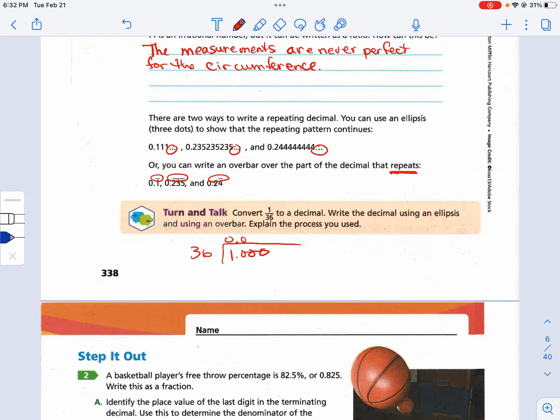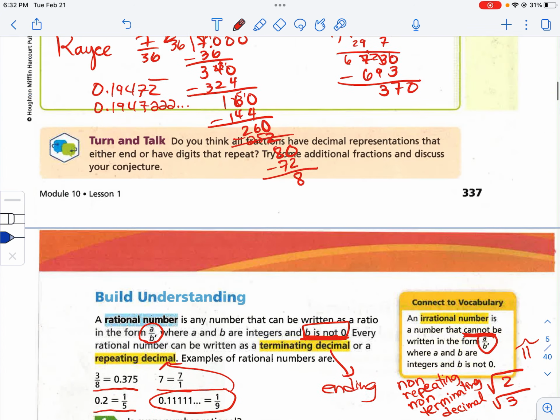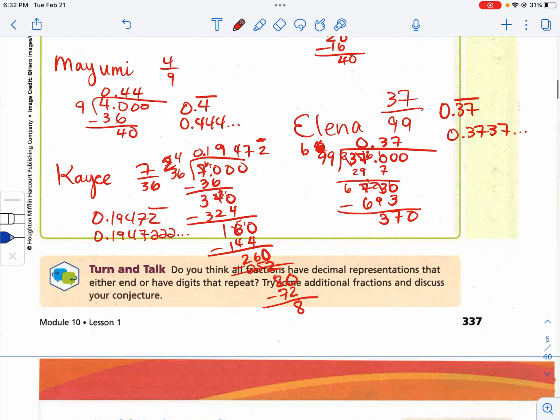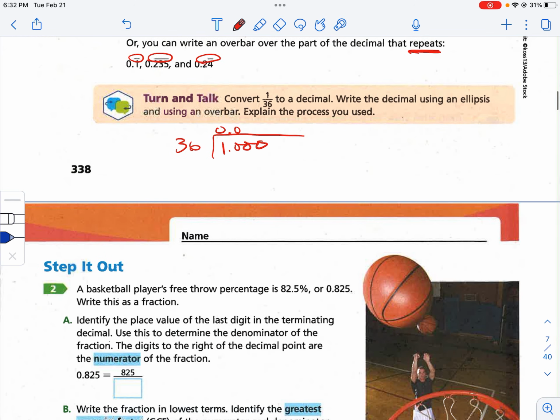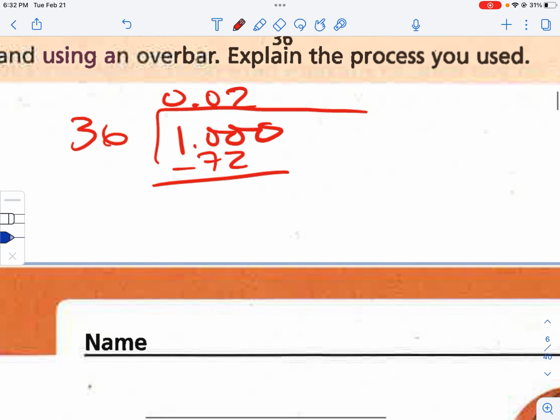Oh, didn't we just do this one? 1/36th? Yeah. Oh, no. We did 7/36. So that goes in 2 times. So that would be 72. I'm going to make it a little bit bigger so I can see it. That would be 9. So that's an 8.